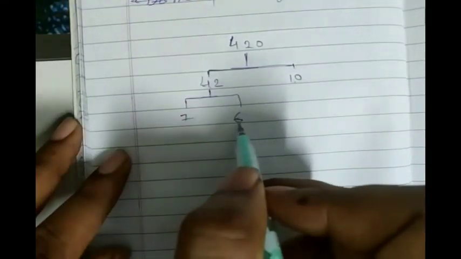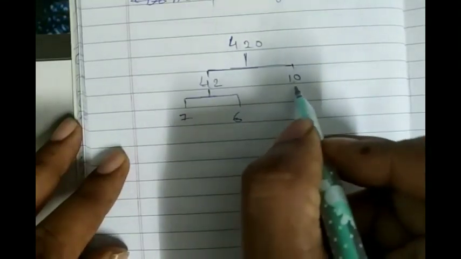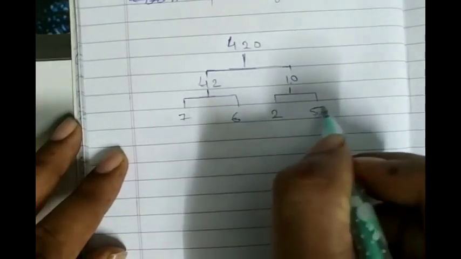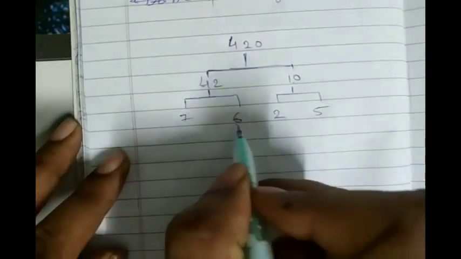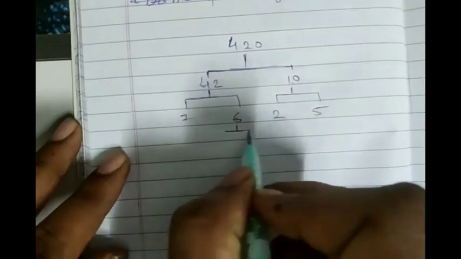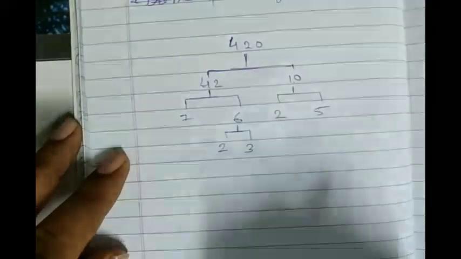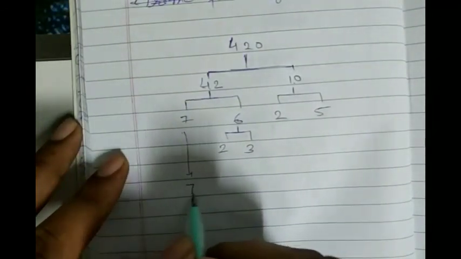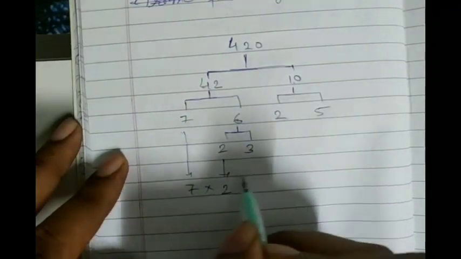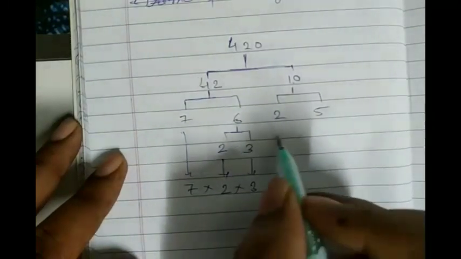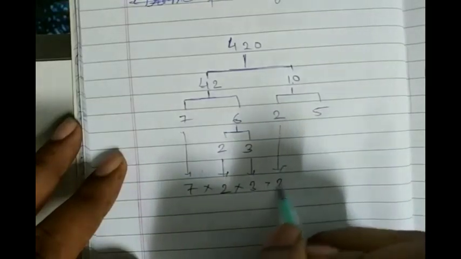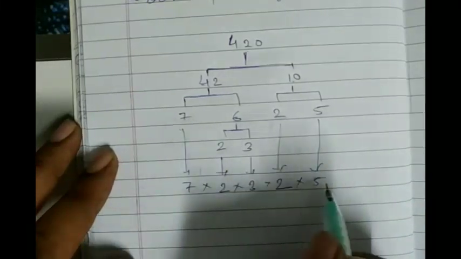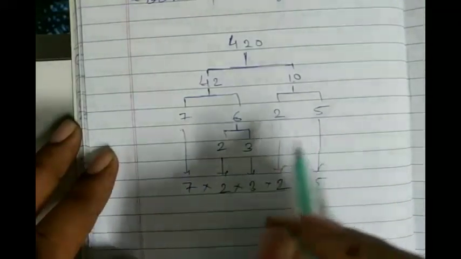Now divide 10 into two factors, 2 and 5. Now divide 6 into two parts, 2 and 3. Now what we get in the end is 7, 2, 3, 2, 5. These are the prime factors of 420 with the tree method.